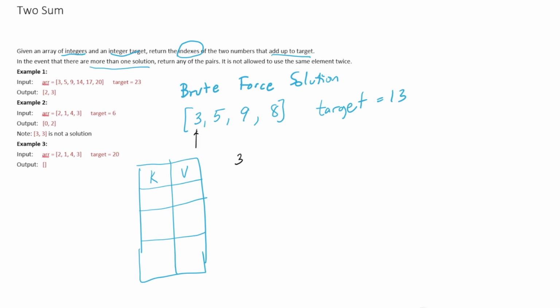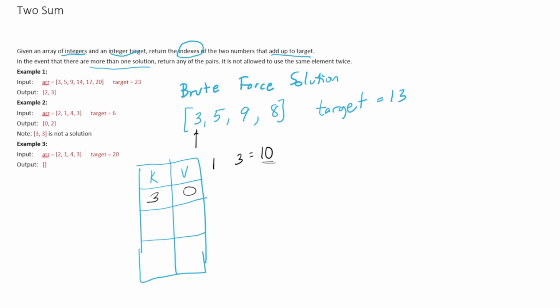That will be 10, right? 13 minus 3 is equal to 10. Okay, so do we have 10 in our hash map? No. In this case, we'll add 3 as the key in our hash map, and the index will be the value. Later on, we will see why.